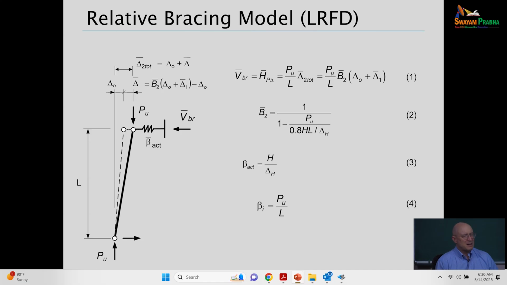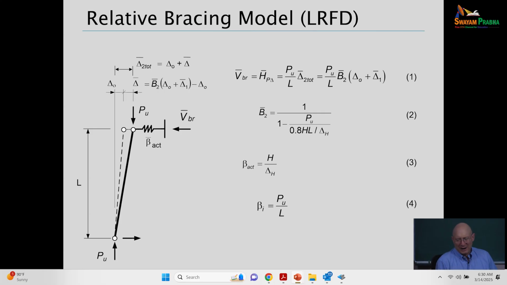So the almost uniform mantra when it comes to bracing design is we say that we want to always provide a bracing stiffness that's some multiple of the ideal bracing. And a typical multiple is 2 times.